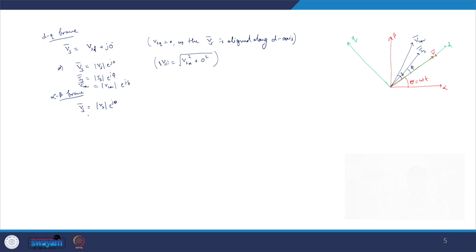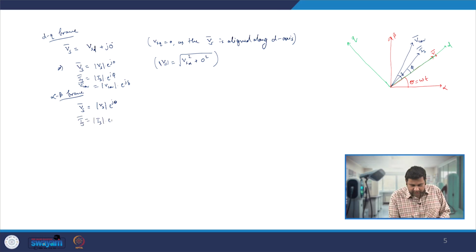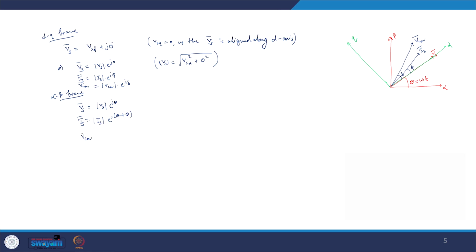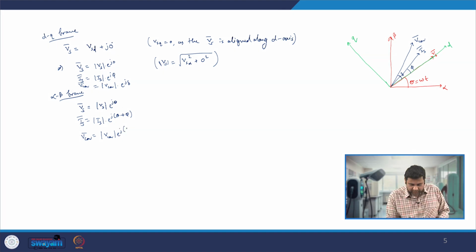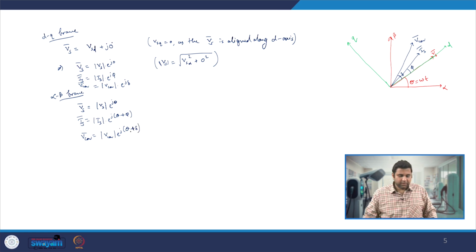Similarly, for the alpha beta plane, we can write the Is space vector as the modulus of Is times e raised to the power j theta plus phi, and the V converter space vector as the modulus of V converter times e raised to the power j theta plus delta. This is the way by which we can move from one frame to another.